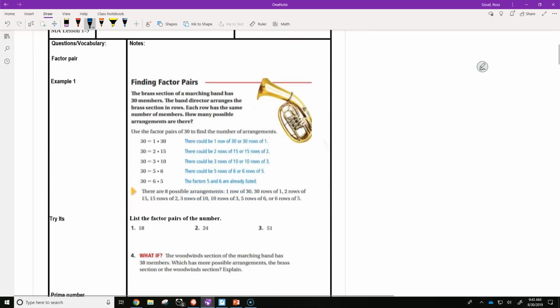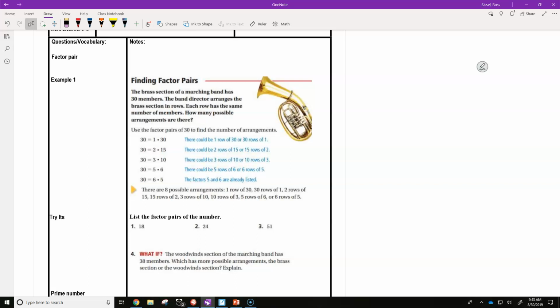Okay. So, very first thing that we have to discuss. Hey, look, a factor pair. Ain't that crazy? What is a factor pair? Who thinks they can come up with discussing what is a factor pair then? How can we define a factor pair? Two factors that go together to make a bigger number.